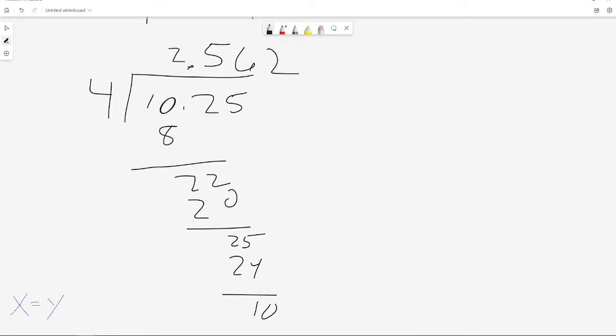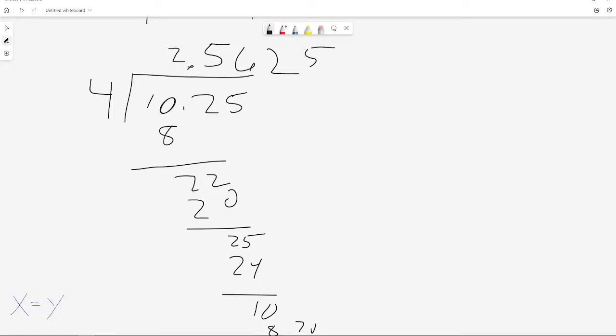Because remember, we're dealing with money here. And it doesn't really matter what's here. If we kept on going, then we'd have 10. 4 goes in twice. We got 8. 20 left over.